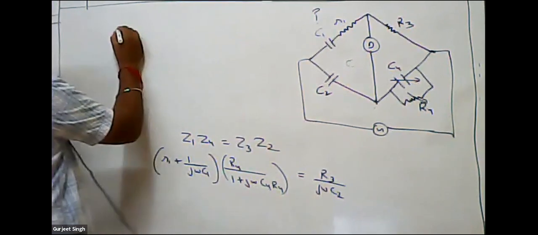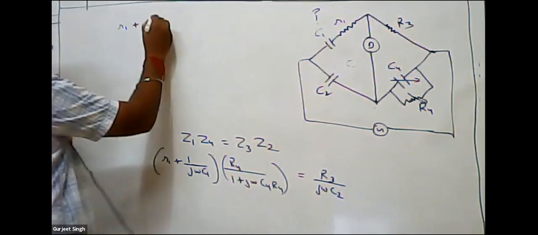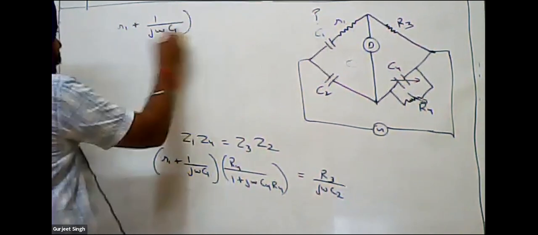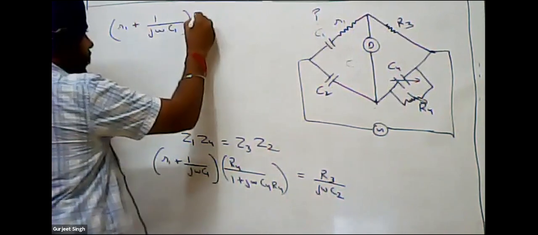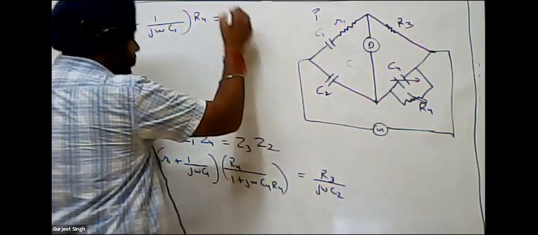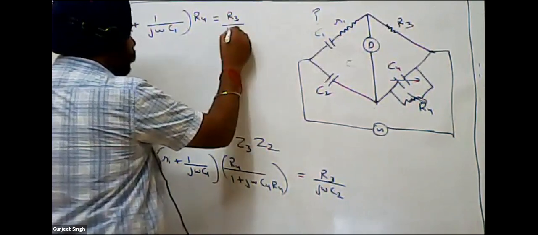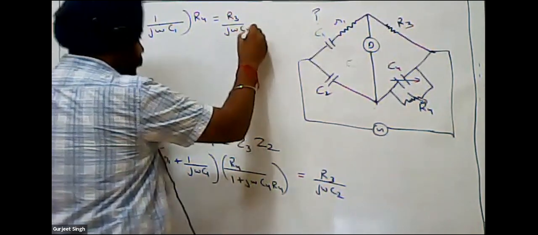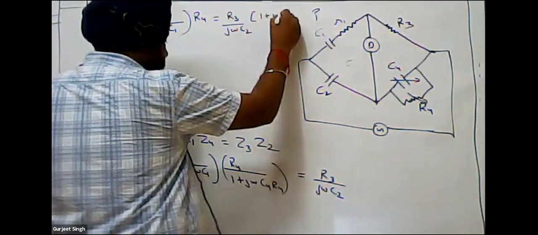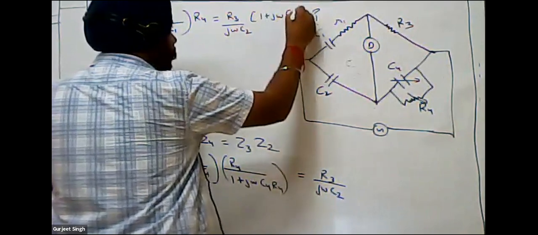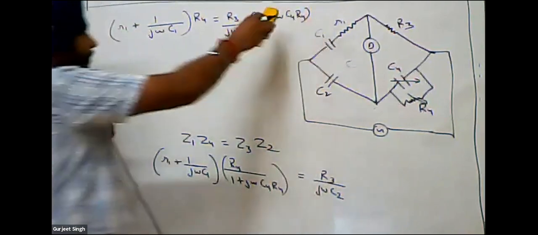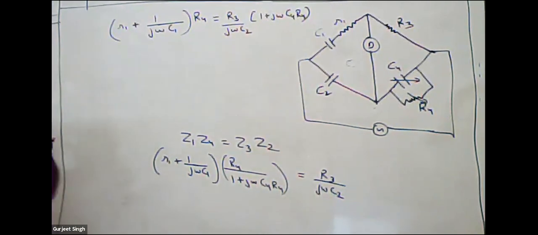We write R1 plus 1 upon j omega C1, then multiply it by R4. On the right side we write R3 upon j omega C2 times 1 plus j omega C4 R4.